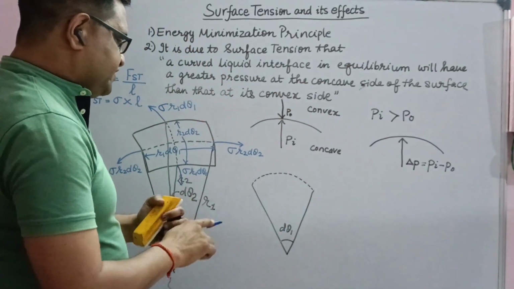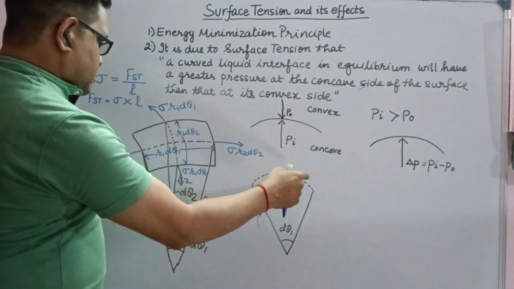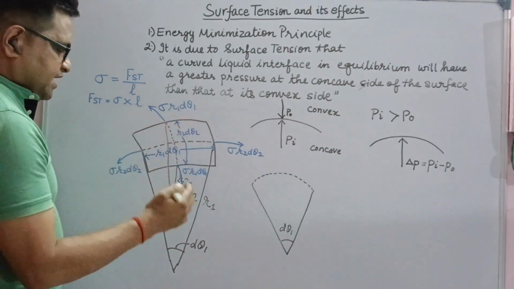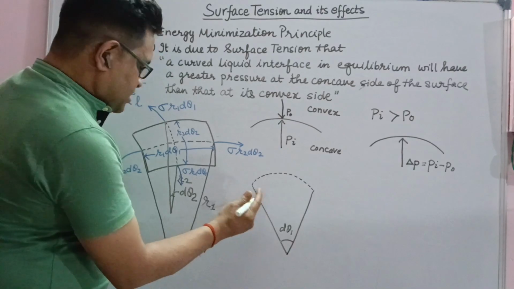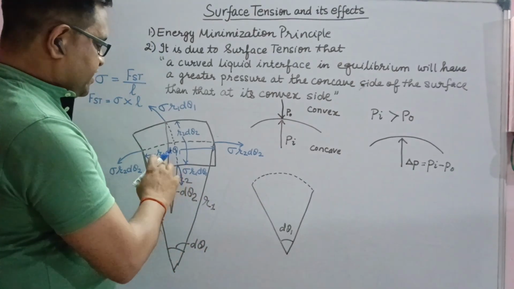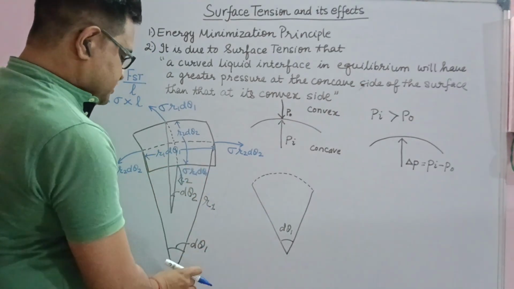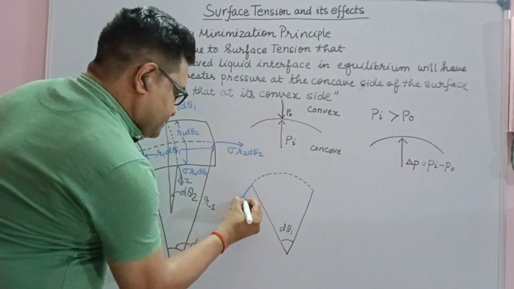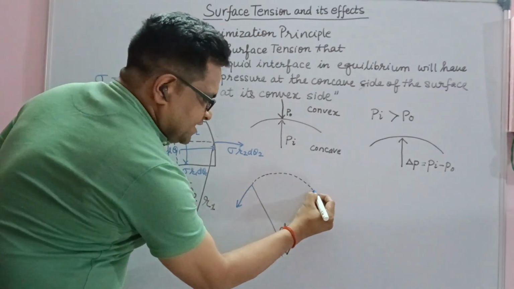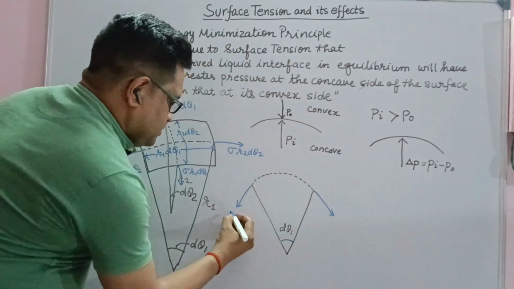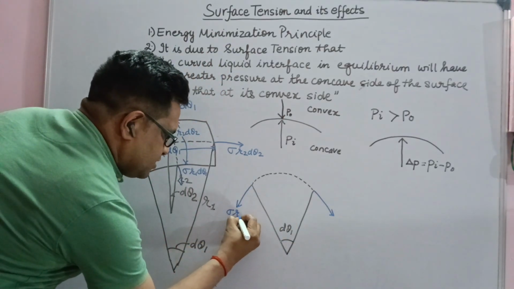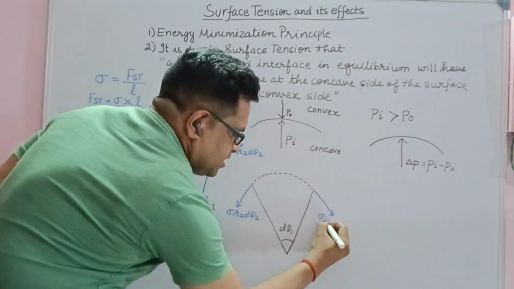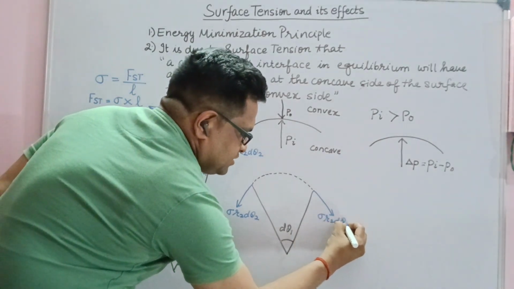Now we have the surface tension force that is acting along this elemental surface as sigma r2 d theta 2. For this we have sigma r1 d theta 1. Since we are considering the first diagram, here we will have forces like this. So here we have sigma r2 d theta 2 and sigma r2 d theta 2.